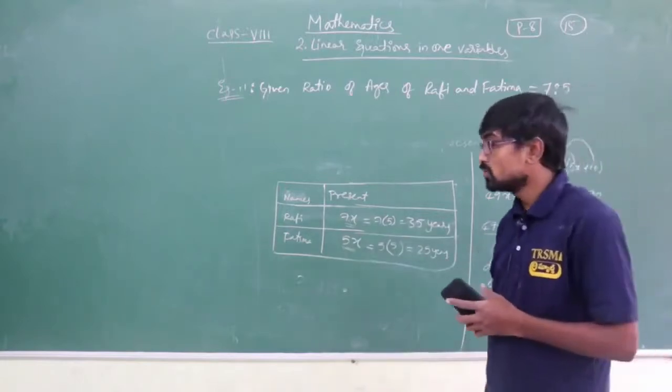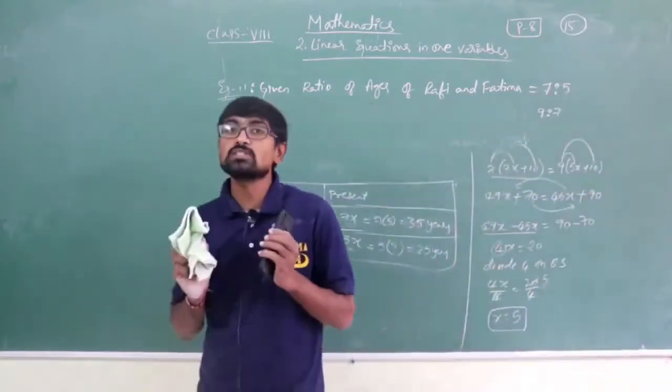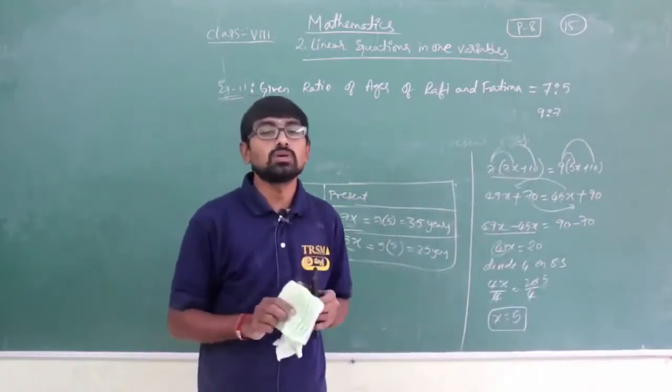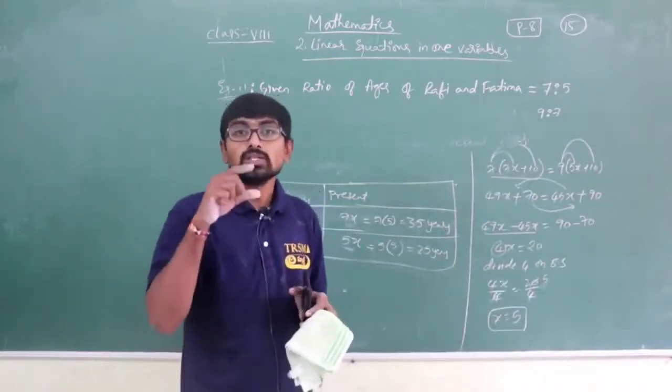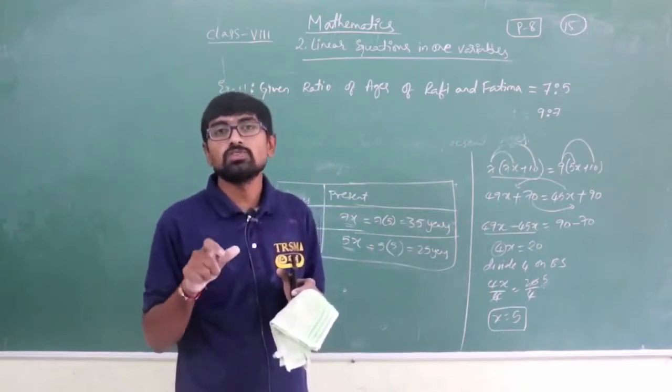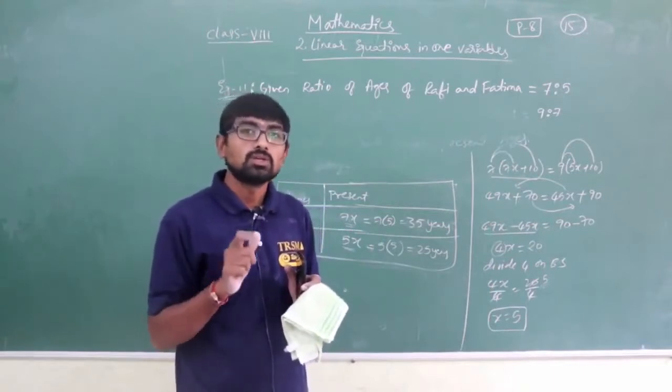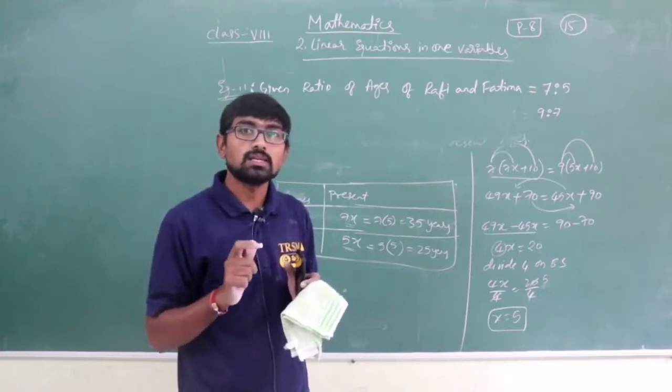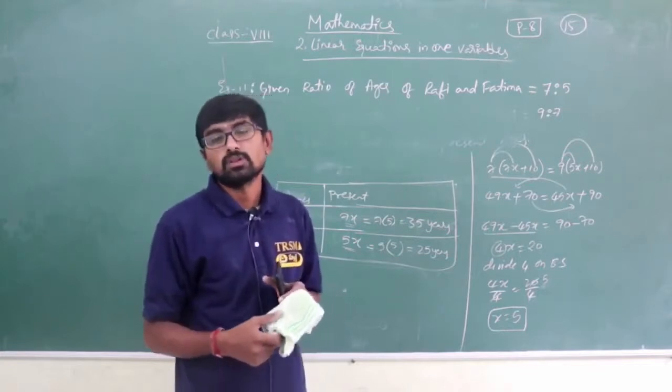So here what you need to do in such type of questions, you need to read the question 2 to 3 times and convert it into the easiest form which you can understand very easily. Understood?